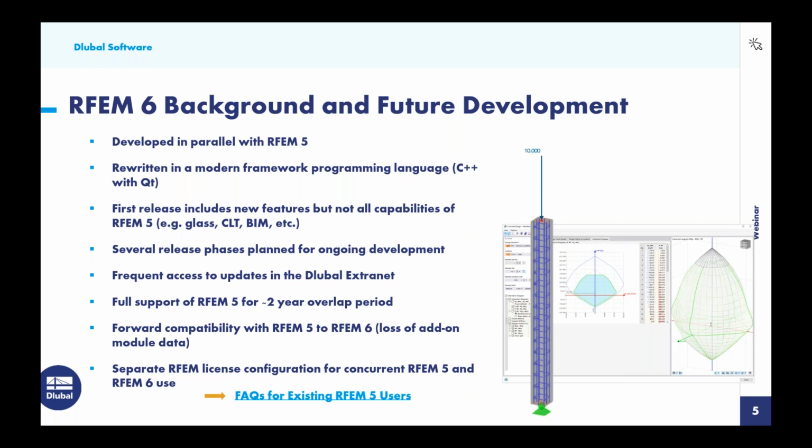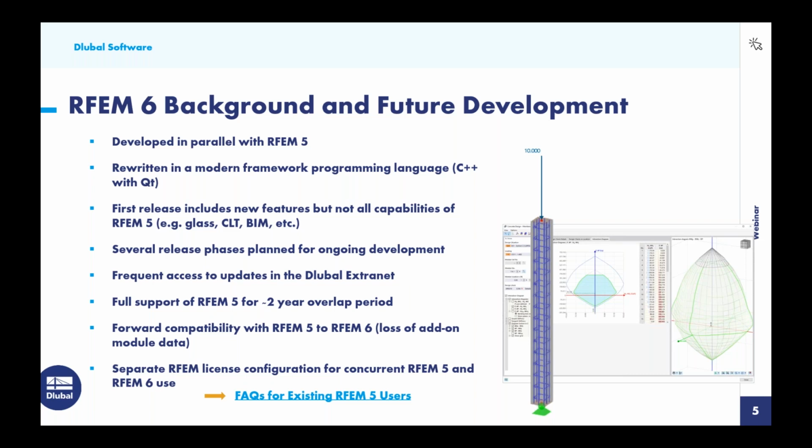So this first release will certainly include a lot of new features, but I do want to be clear that not all of the capabilities of RFEM 5 are yet developed for this first release. And in particular, this might include glass design, cross-laminated timber, some BIM integration. So what we plan are several release phases for this ongoing development that you can expect in the coming months.